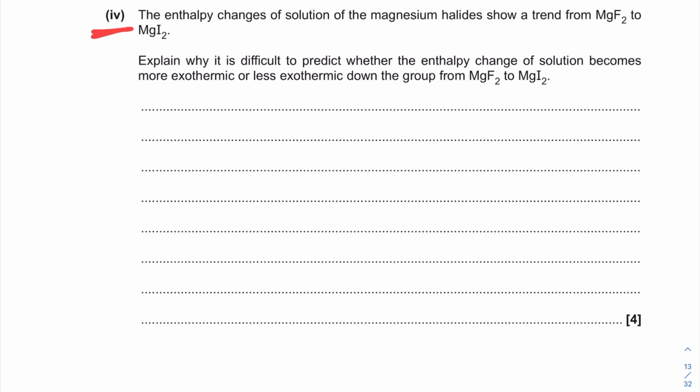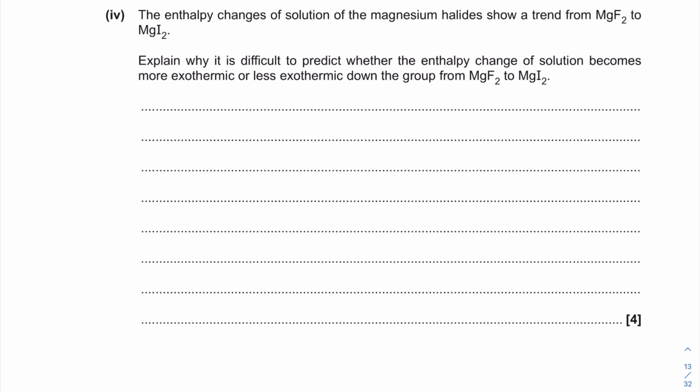Part 4. The enthalpy change of solution of the magnesium halides shows a trend from magnesium fluoride to magnesium iodide. So that means we are looking at the halides from group 7 coming down from fluoride to iodide.